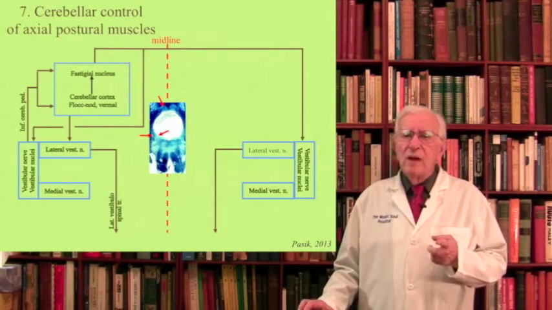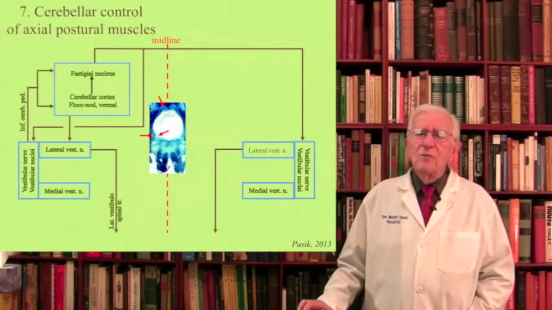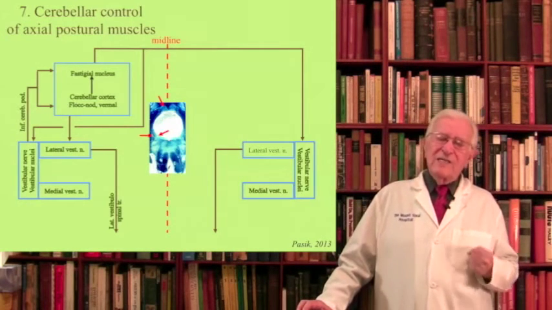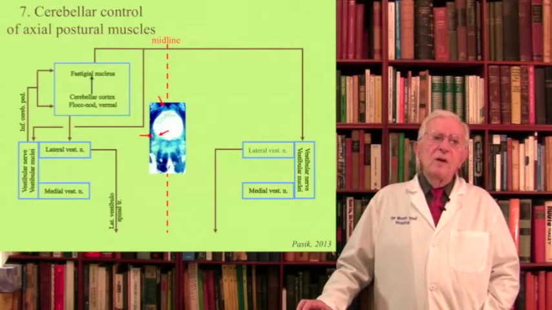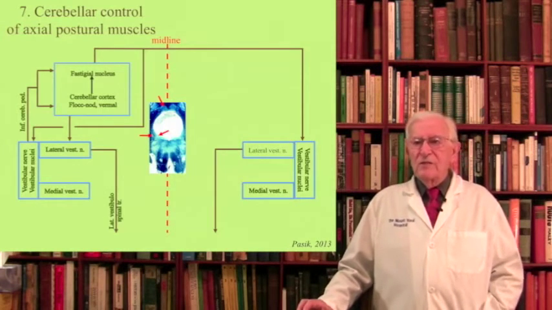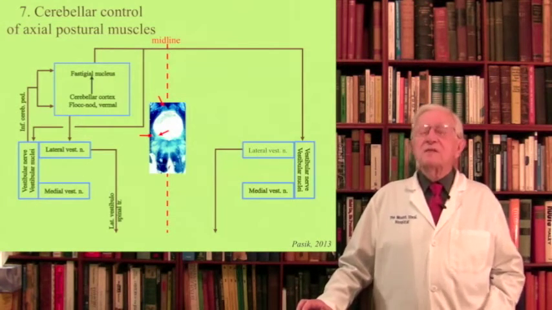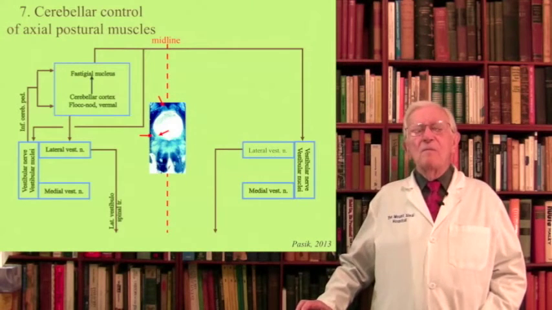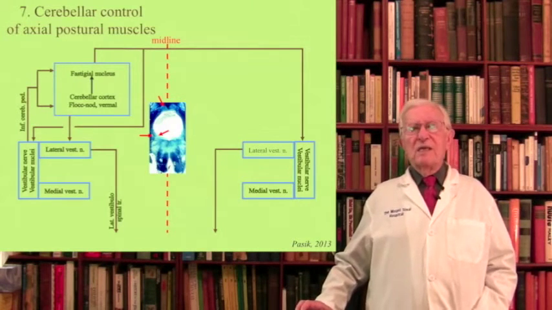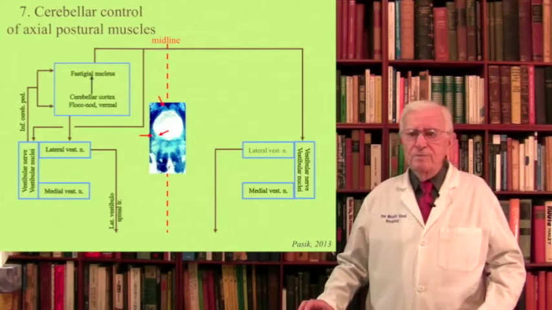And the action of the lateral vestibulospinal tract is essentially excitatory of extensor reflexes. All right, and it's one of the main components of keeping you in an upright posture.